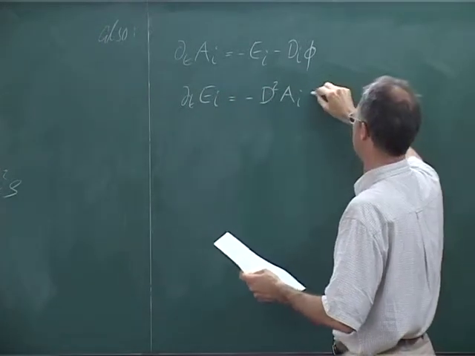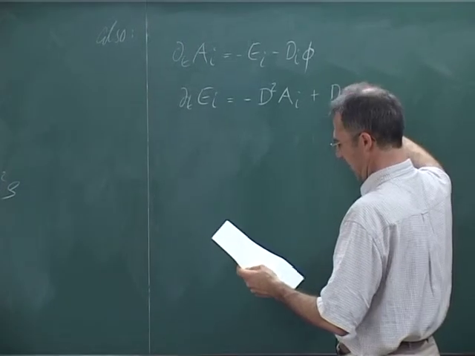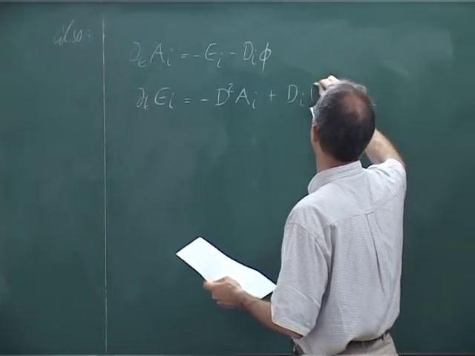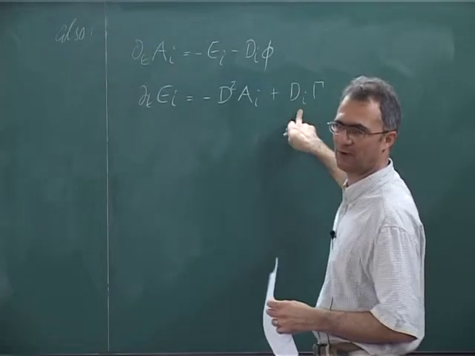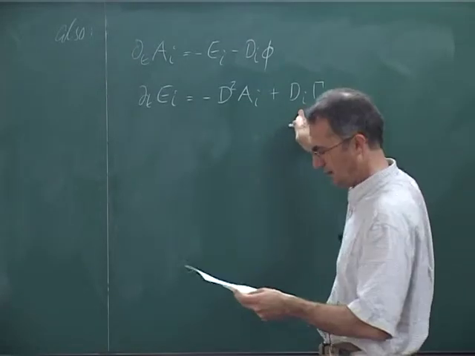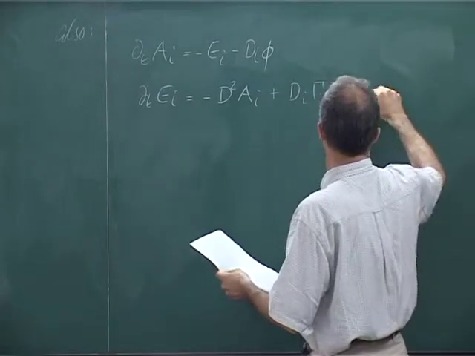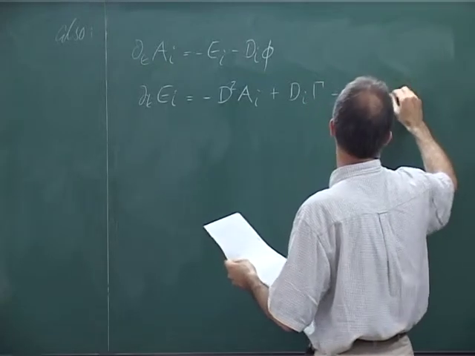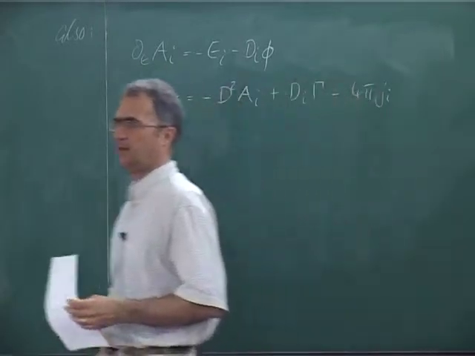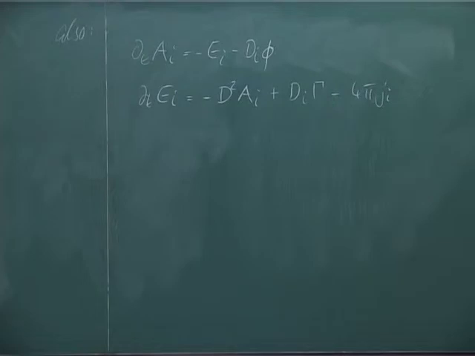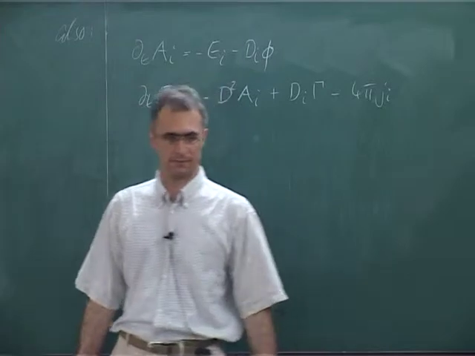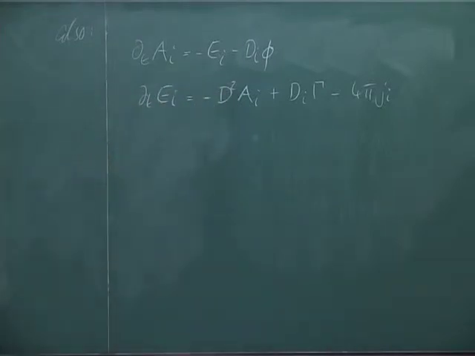And the not so nice term now becomes d_i gamma. This term has now absorbed the ugly term, and I still owe you a 4 pi rho j_i. So what we've seen is that by defining a new variable that is the divergence of one of our variables, we can absorb the ugly second derivatives into the first derivative of this new variable. So far so good.